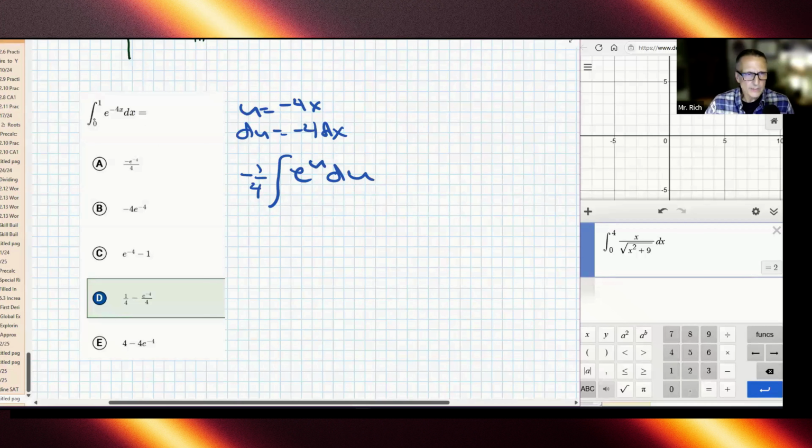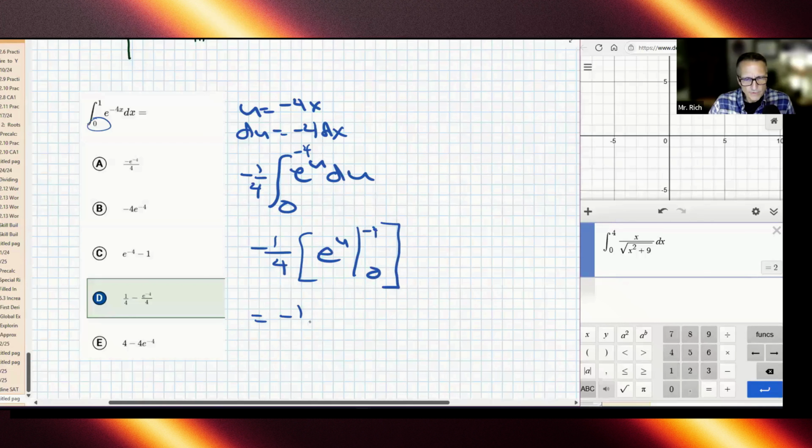I will change these limits. So since x is 0, u is still 0. If x is 1, u would be negative 4, like that. Well, the antiderivative of e to the u is e to the u, right? It's itself. So it's negative 1/4 times e to the u from 0 to negative 4.